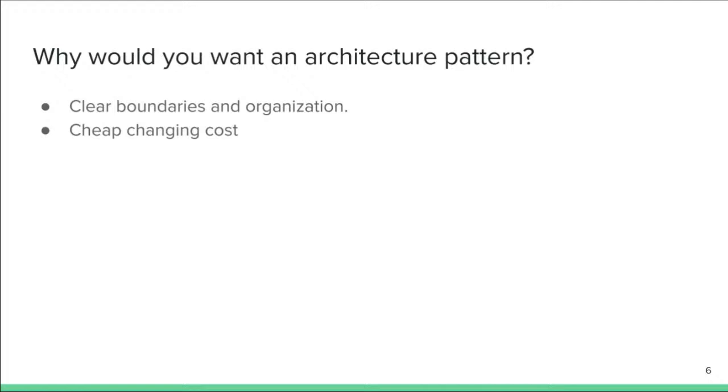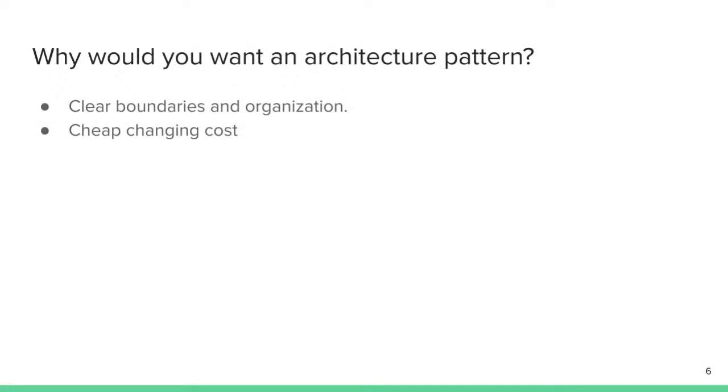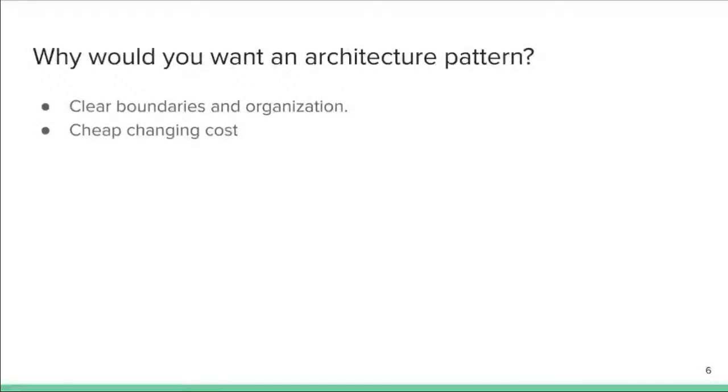I was looking for that because we needed a scalable application, of course, but we also needed the team to scale. The team should be able to work on it with no big problems. That's what I was looking for.